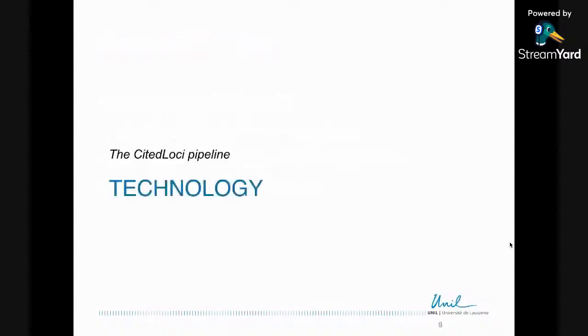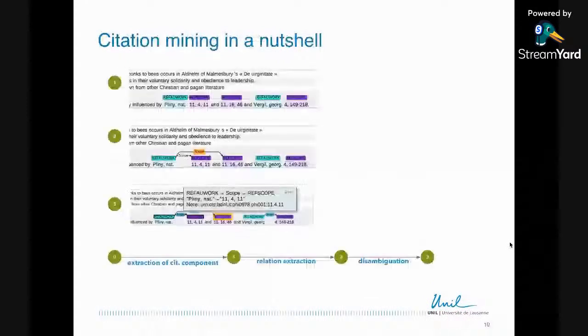So now we can go a little bit into the technology, seeing a little bit how it works. So essentially, the task of extracting canonical citations is broken down into 3 steps. Here you have an example with a paragraph containing some citations, and then for each step showing you what is the outcome of that step.